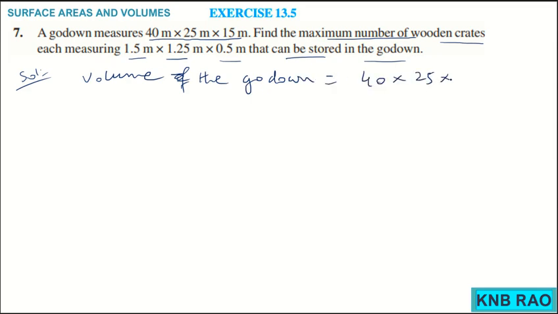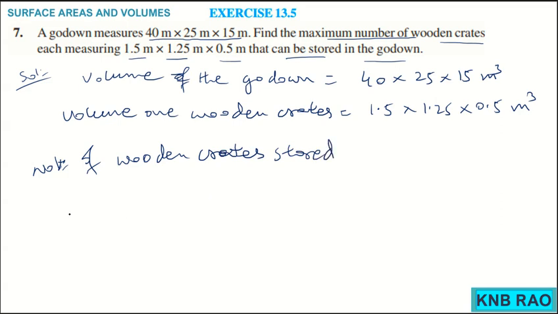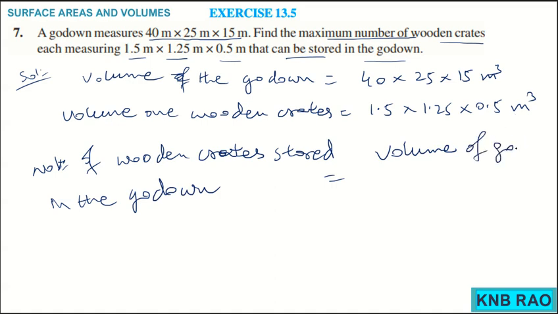Volume of the godown is 40 by 25 by 15 meter cube, and volume of one wooden crate is 1.5 into 1.25 into 0.5 meter cube, and the number of wooden crates stored in the godown is equal to volume of godown by volume of one crate.